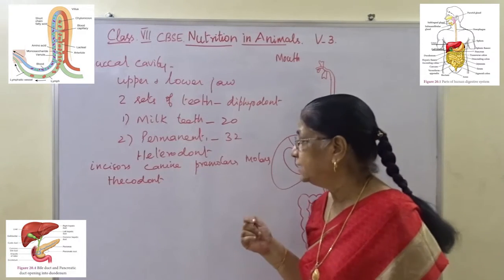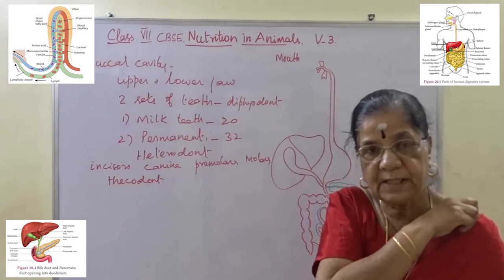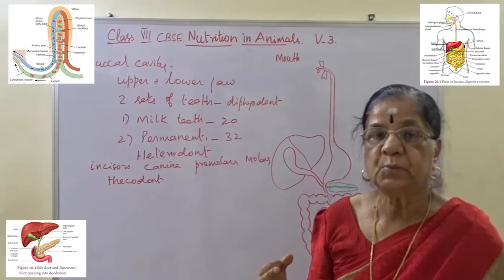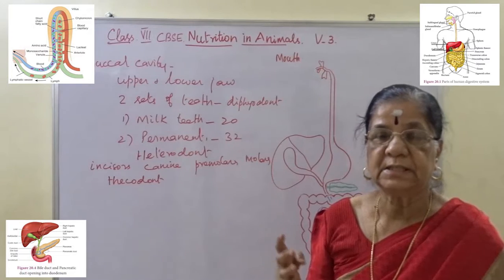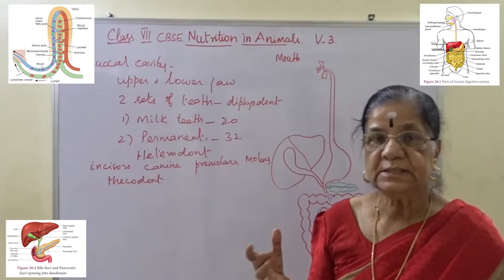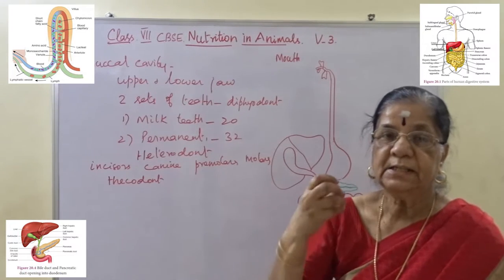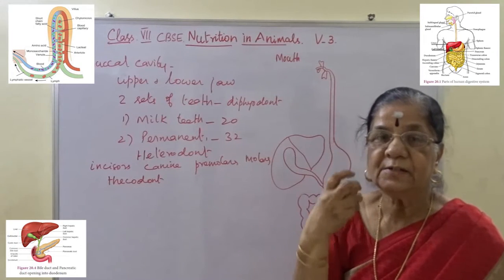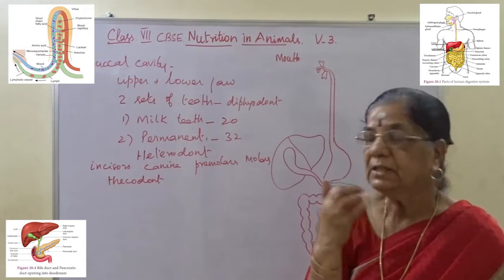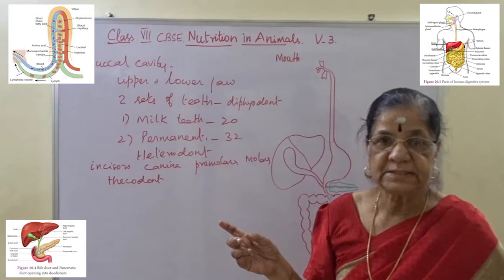And heterodont: there are 4 different types of teeth in man, as incisors, canine, premolars, and molars, 16 in each jaw, upper jaw 16, lower jaw 16. And all these teeth are fitted into the socket, that is the gum, and that is known as thecodont. I hope you understand.